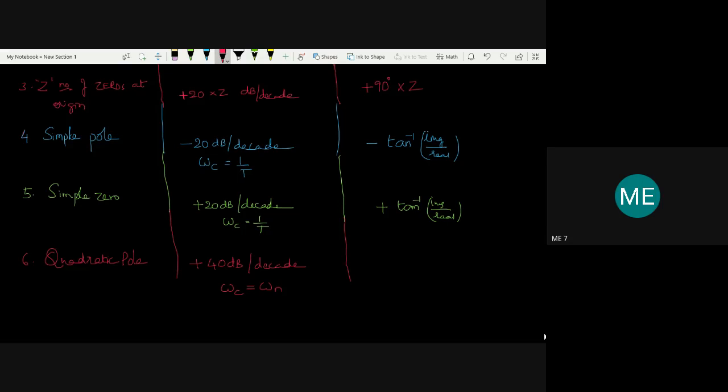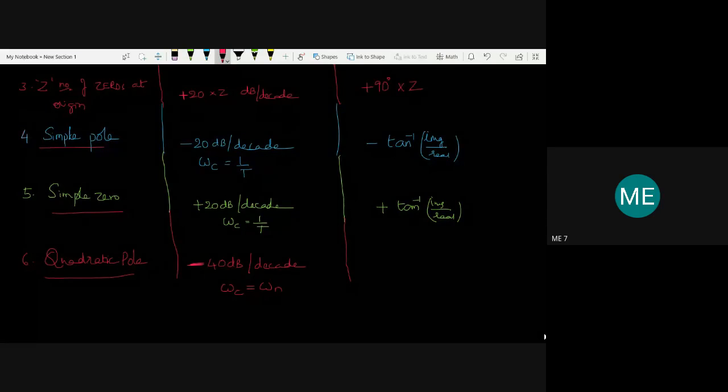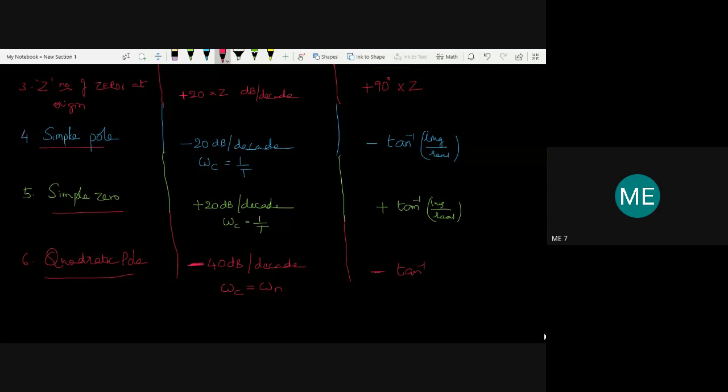The corner frequency for simple pole, simple zero and quadratic pole we get this way. And also we are going to get minus tan inverse of imaginary by real, the same equation with the imaginary part you have.